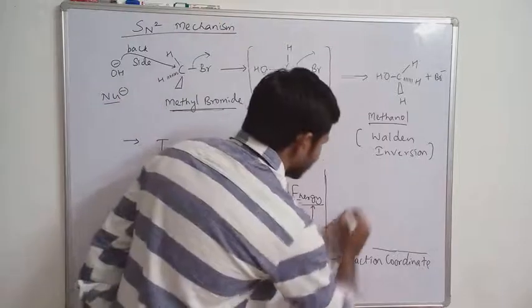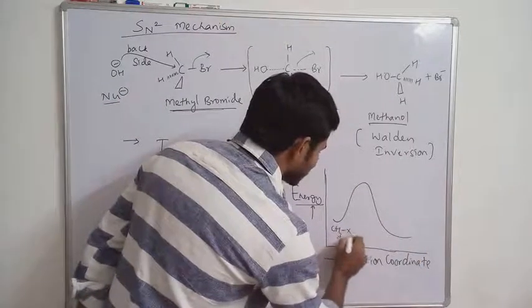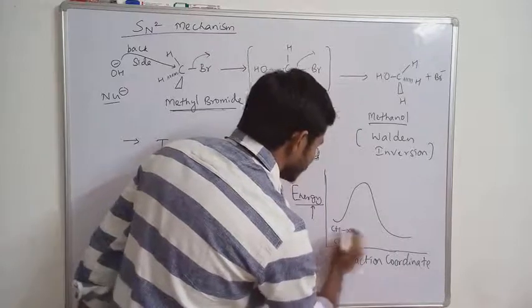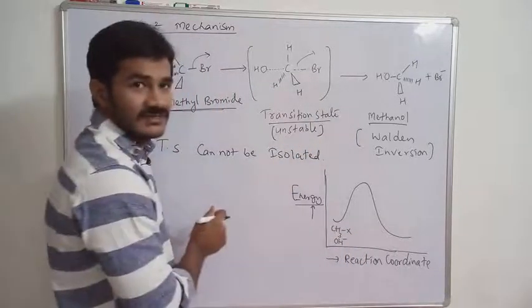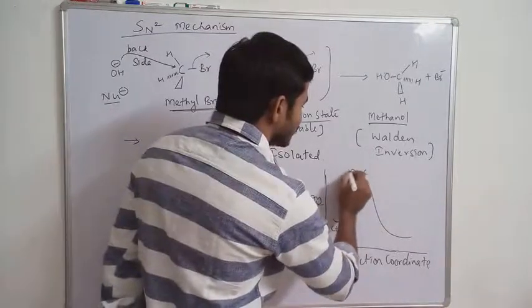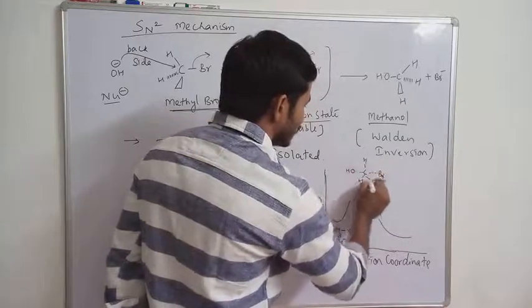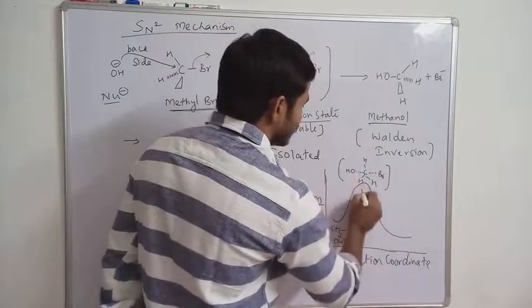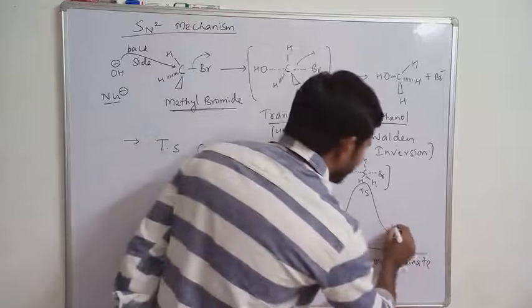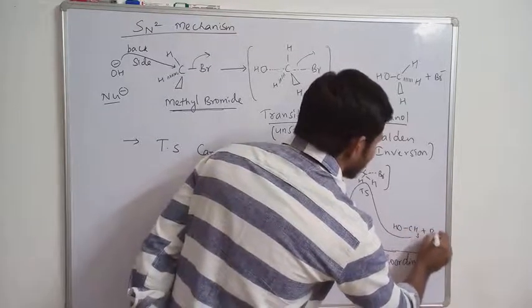I am taking CH3X and OH minus, these two combined together. These are reactants. These reactants combine and form a transition state, that is HO, Br, H. This is the transition state. And finally we get the product CH3OH, and the leaving group is Br minus.